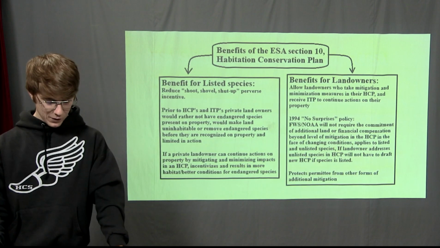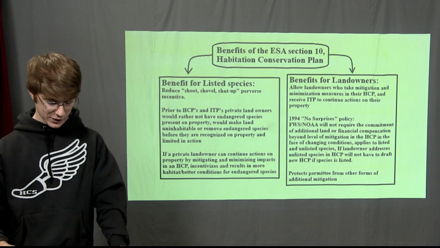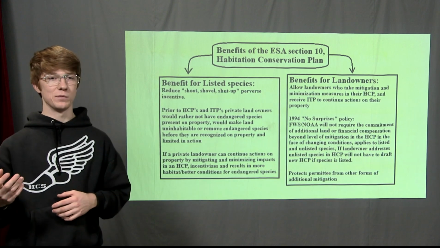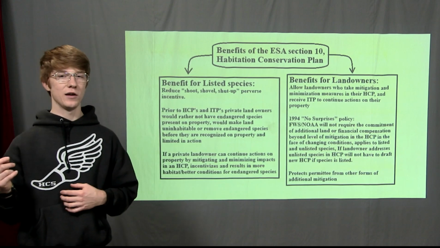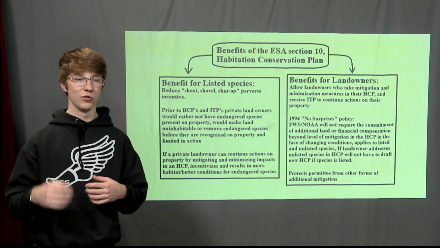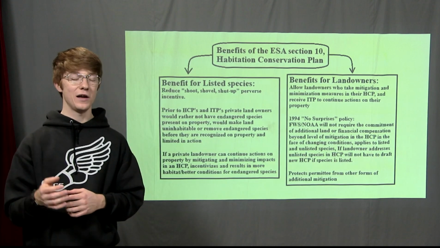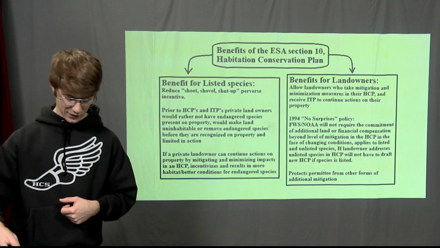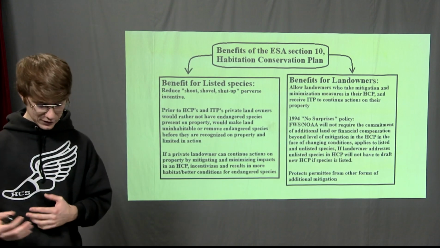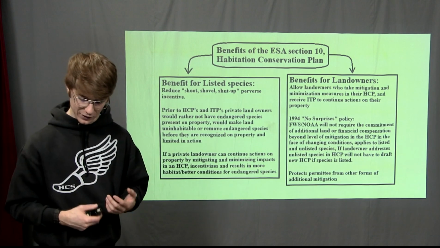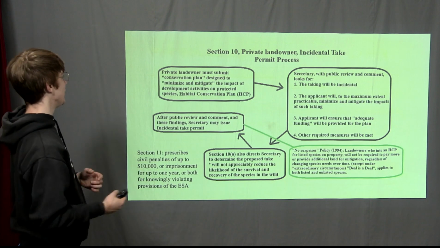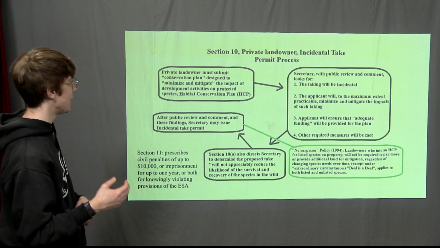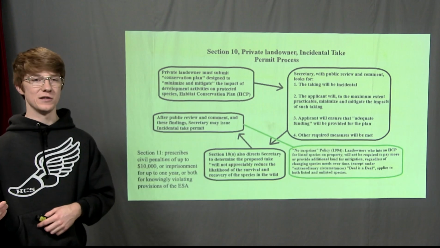There we go. Okay. What is one benefit for a listed species covered by a habitat conservation plan? So for these species covered by habitat conservation plans, in order for a landowner's habitat conservation plan to be approved so they can receive an incidental take permit, they must provide in their conservation plan draft the mitigating and minimizing measures they're going to take, designed to minimize and mitigate the impact of development activities on protected species that may be on their land.